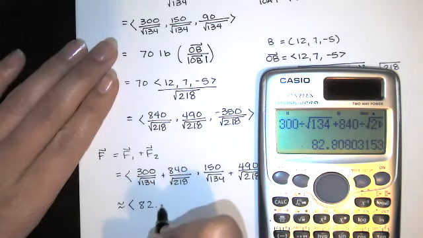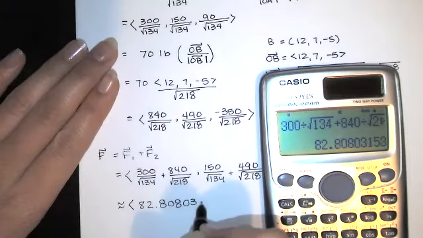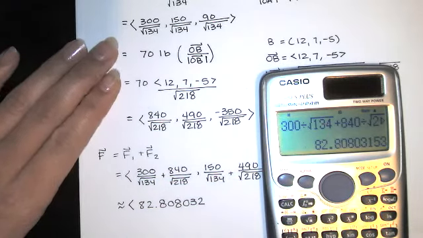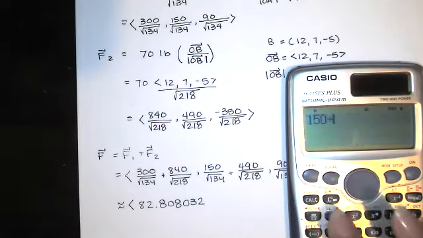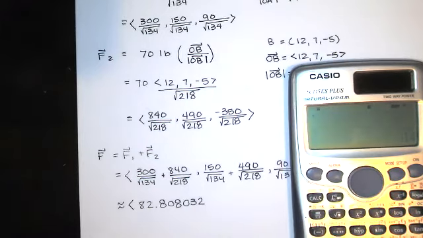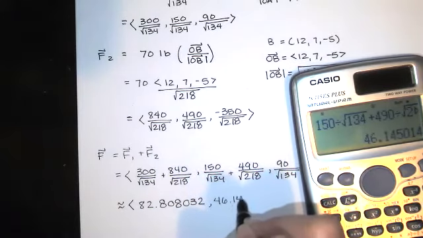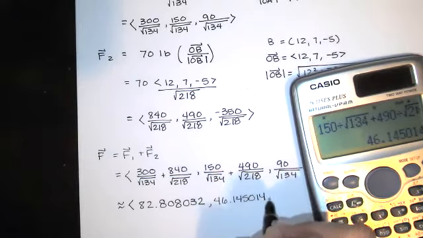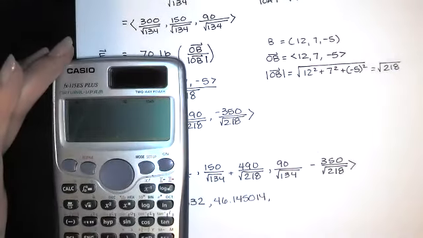So I have 82.808032 approximately. And that's also approximate. And then we'll do the last one.